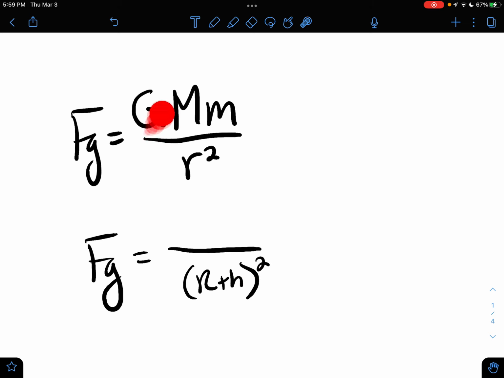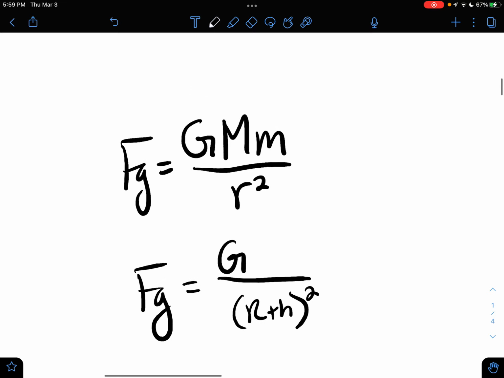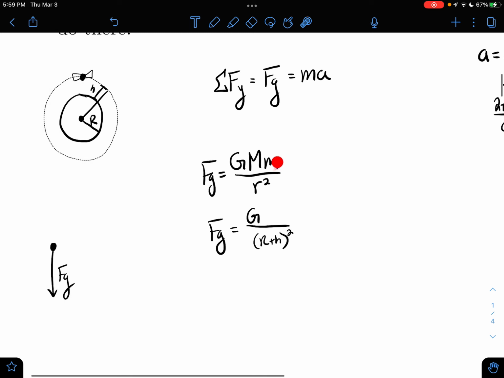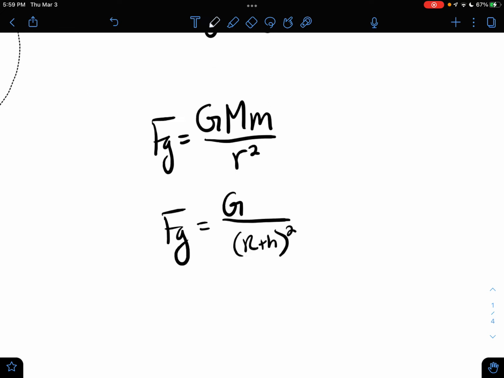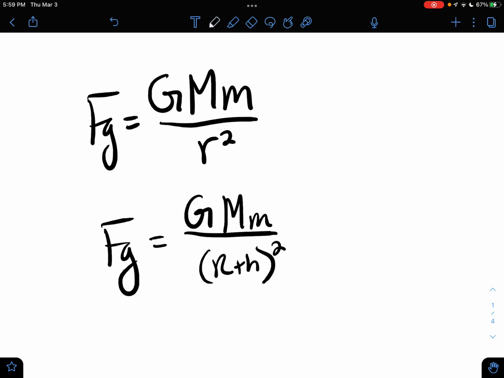Our G is the universal gravitational constant, so that's just going to stay. For our m, it doesn't matter which m is which, but I'm going to say the little m is the mass of our satellite, and the big M is going to be the mass of the Earth. So we just leave all that the same.